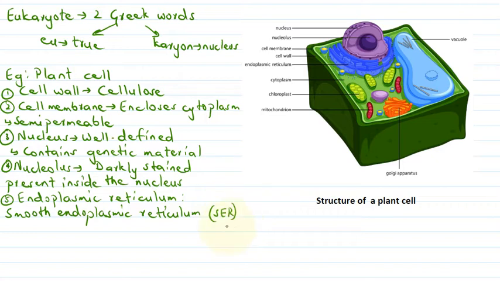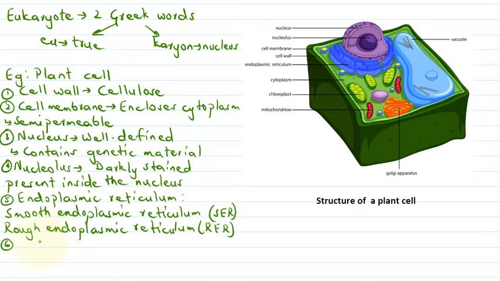Okay, and this SER is not associated with ribosomes, hence they have a smooth appearance. Then it can be rough endoplasmic reticulum, or RER, because they have rough appearance as they are associated with ribosomes. Okay, so smooth endoplasmic reticulum helps in the synthesis of lipids, whereas rough endoplasmic reticulum helps in the synthesis of proteins.